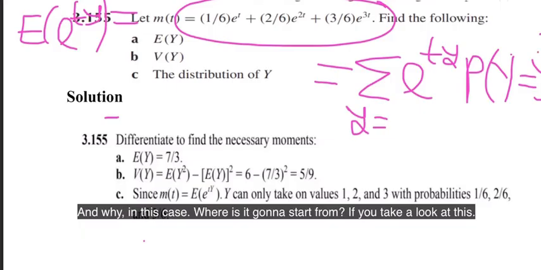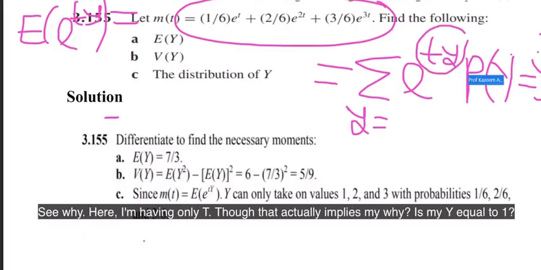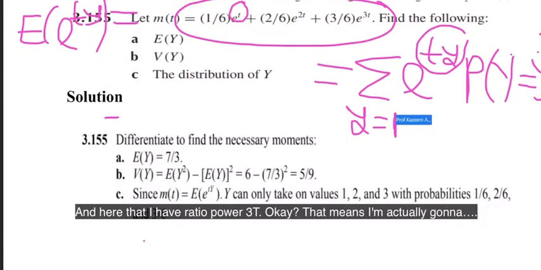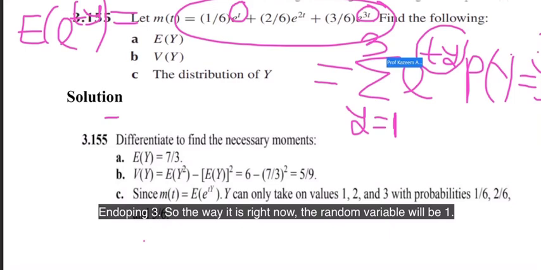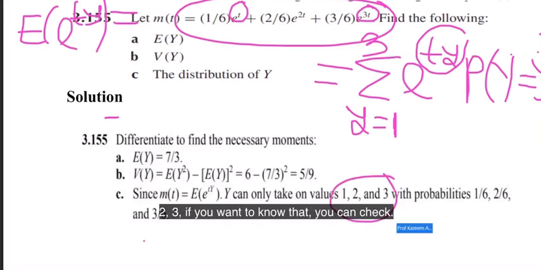If you take a look at this, t y. Here I'm having only t, which implies y equal to 1. And here I have raised to power 3t, that means I'm going to end up at 3. So the way it is right now, the random variable will be 1, 2, 3.